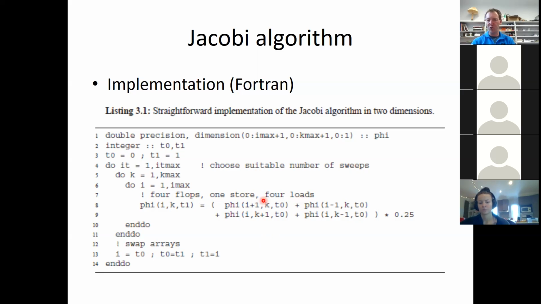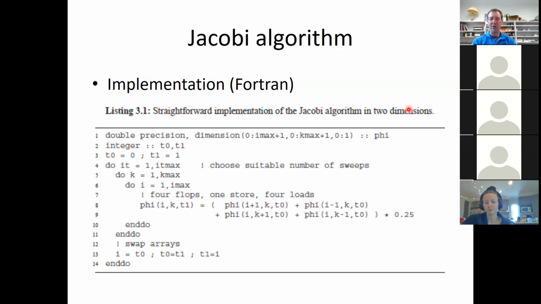The 4 load operations come because we have to load these 4 double precision variables of the phi function. We have 1 store because afterwards we have to write back the result. And then 4 floating point operations because we have 3 additions and 1 multiplication to do the floating point arithmetic.